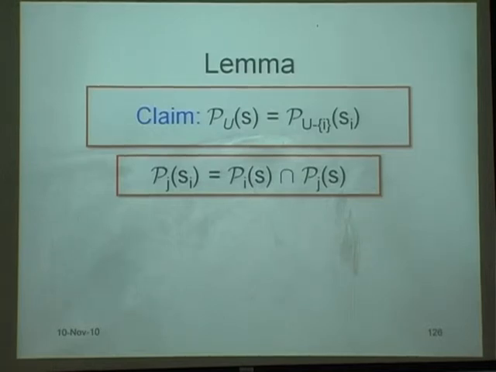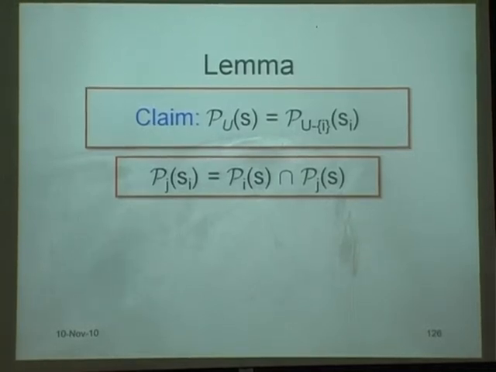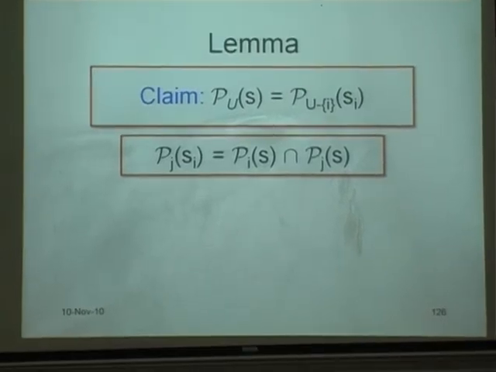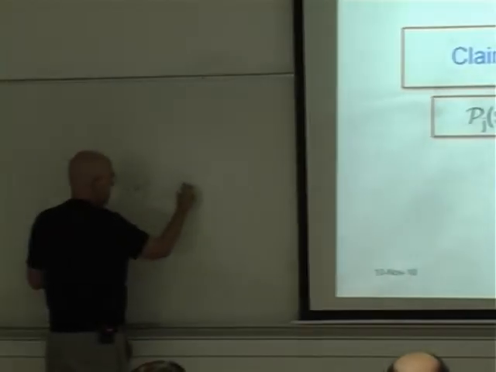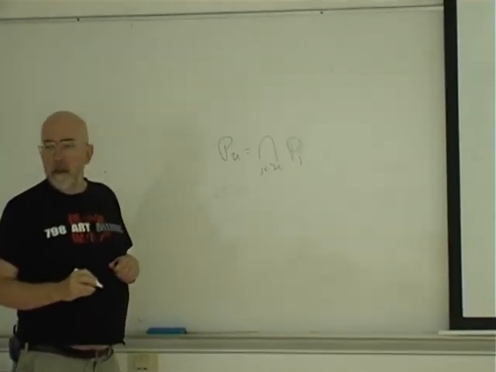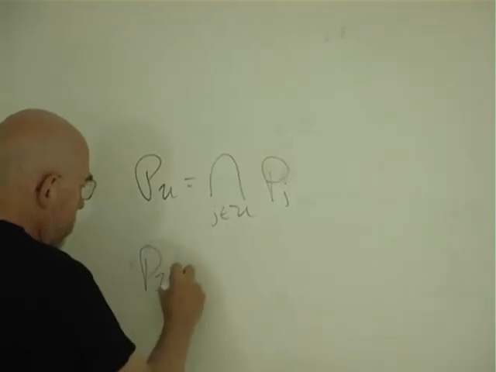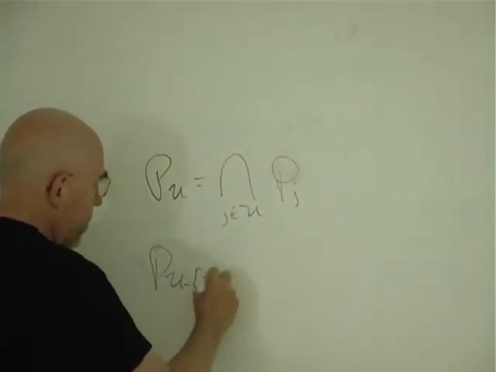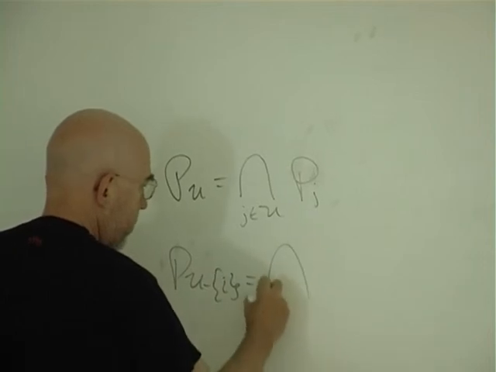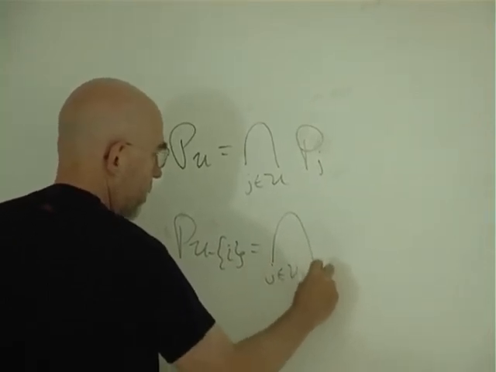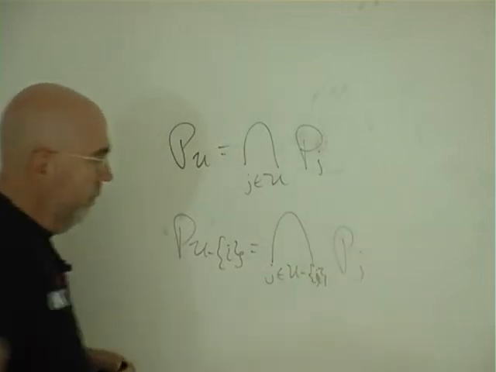So P sub u is the intersection for j in u of P sub j. And so P sub u minus some I is the intersection for j in u minus I of P sub j.